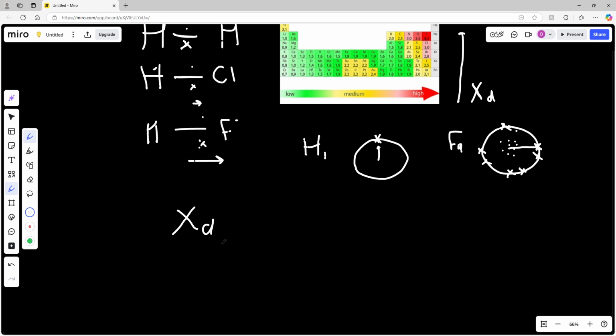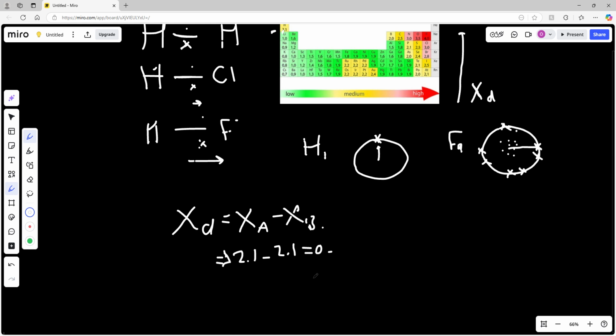There's an equation for this: the electronegativity of atom A minus the electronegativity of atom B. So let's look at why the difference for hydrogen and hydrogen is 0. It's 2.1 for hydrogen, as it says here, minus 2.1, which is 0, which means that it's not a polar molecule, it's non-polar. You may have heard of that word before.